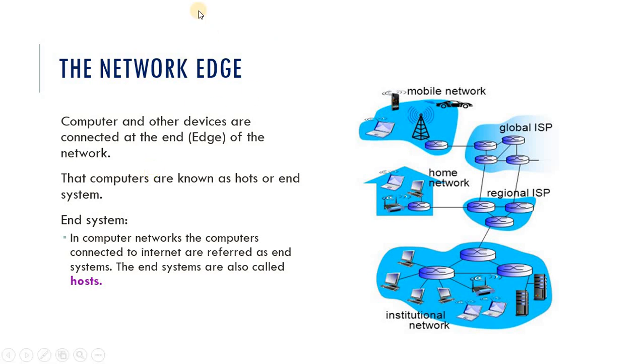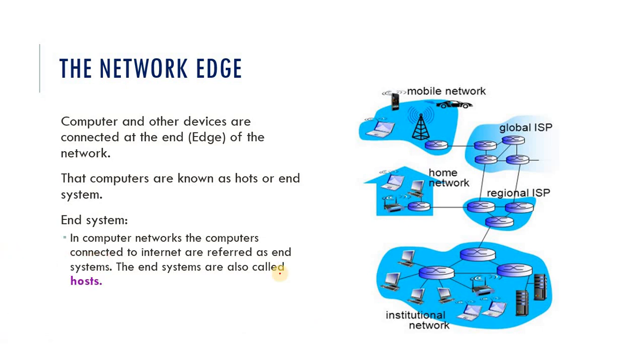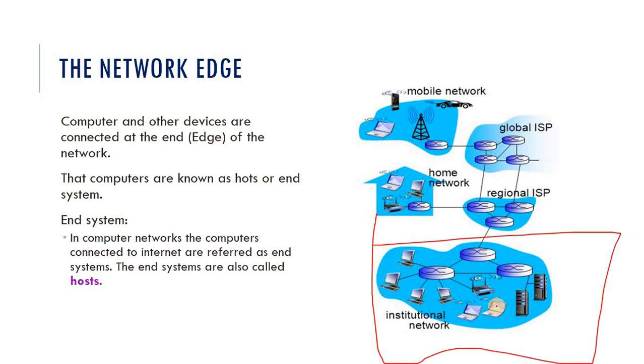So what is the edge or the network edge? It says that computers and other devices are connected at the edge of the network. Suppose this is one network, and in this network this is one router.